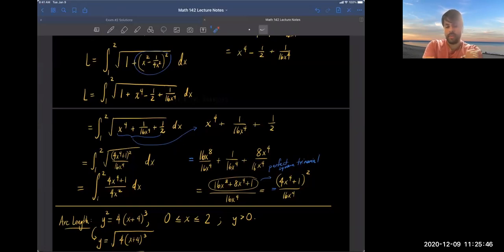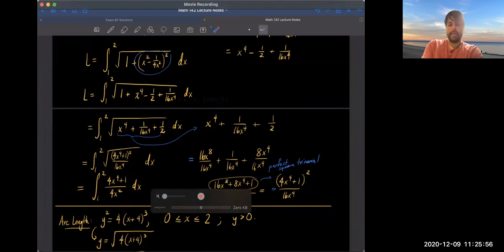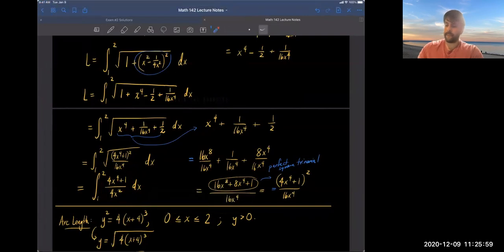So the hard part was done for you guys. Now how do you evaluate this? How do you integrate this? There's no room here, so I'm gonna put this over here.